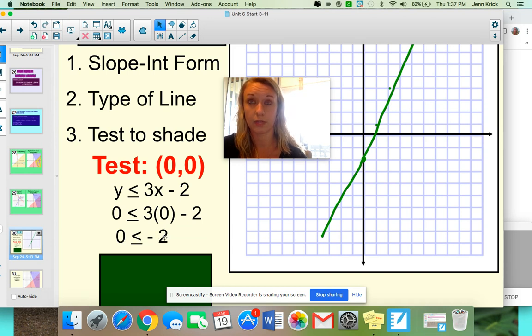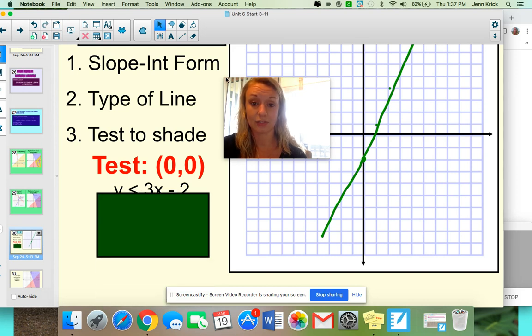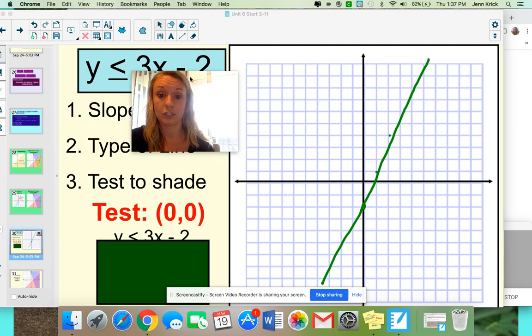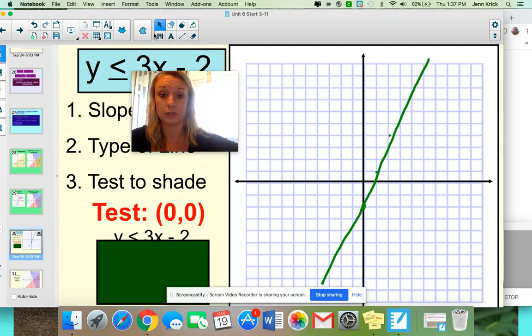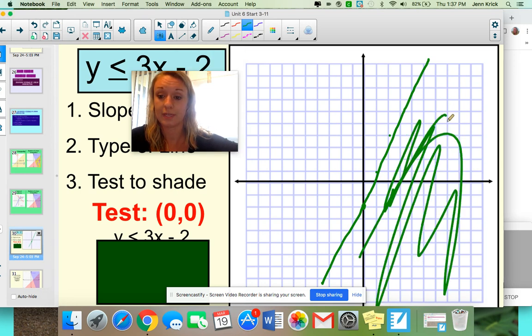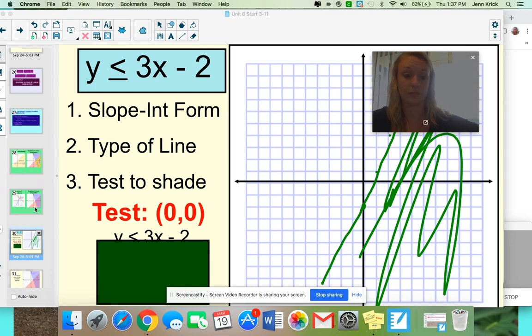It is not. So you need to shade the region that does not include 0, 0. I would be shading this whole region because 0, 0 is not a solution for your inequality. That should be reviewed from yesterday.